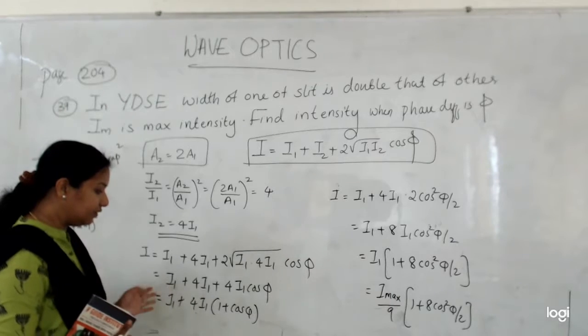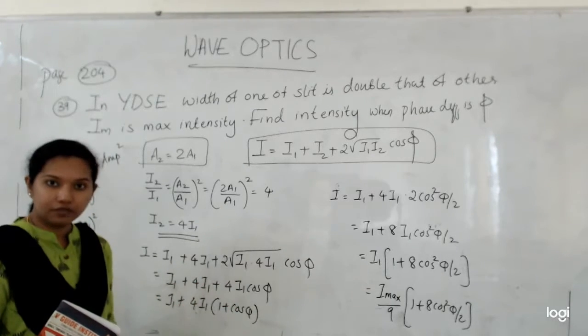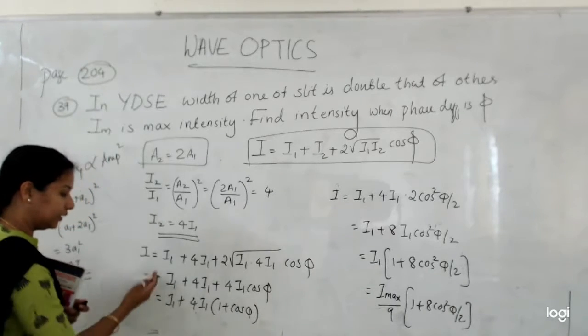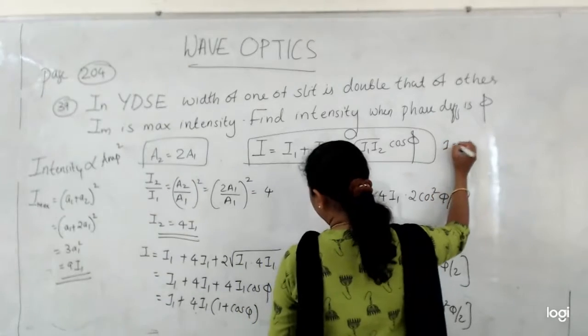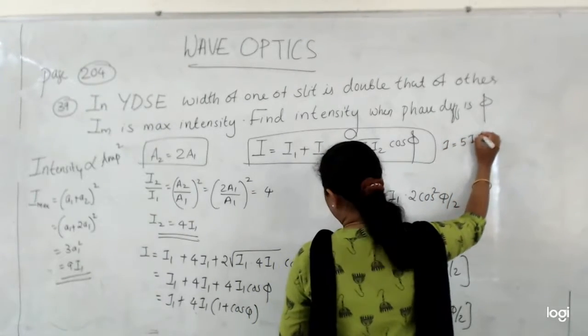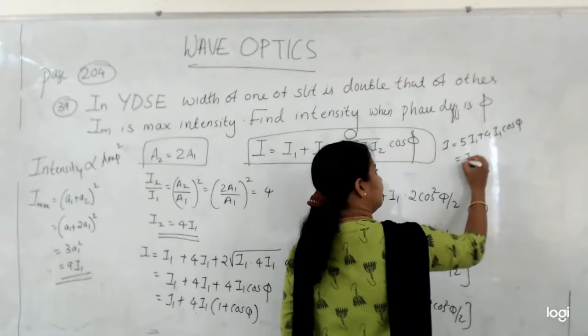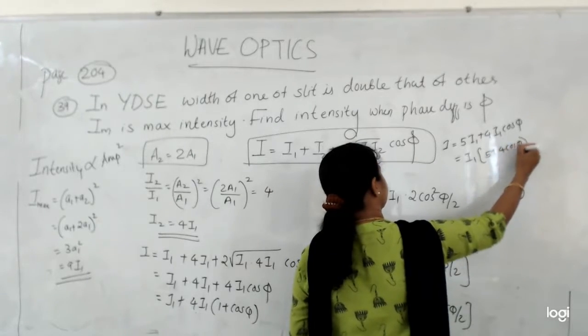After this, we can even write it as 5I1 plus 4I1 cos phi. This option is also correct, but that is not there in the options. The same thing, I can write as I equals 5I1 plus 4I1 cos phi; if you take I1 as common, 5 plus 4 cos phi.